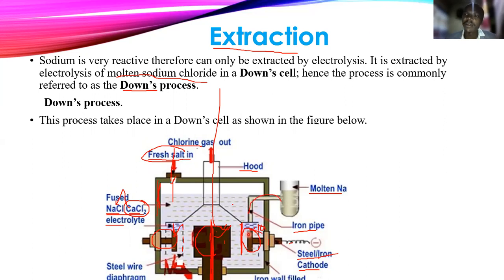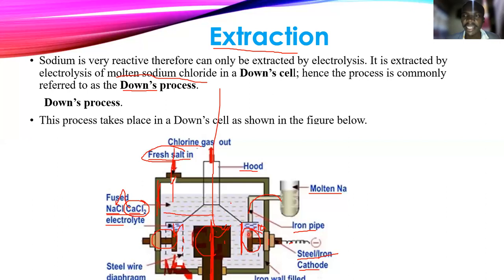You can be asked to give the properties that make it possible for sodium metal to be separated from the sodium chloride. You know that sodium chloride is more dense than sodium.